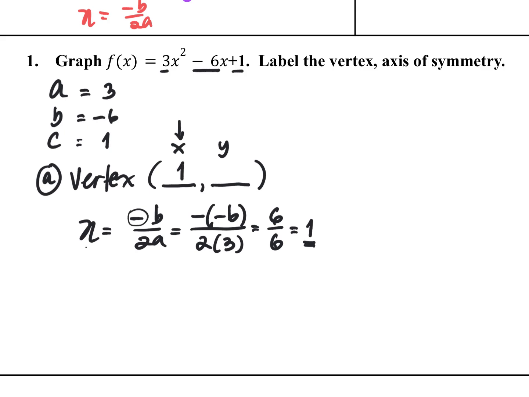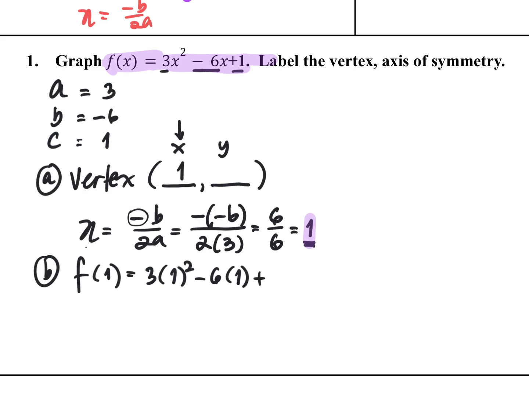So to find the y-coordinate of our vertex, we're going to use the same value of x, and we're going to substitute it in our function. Okay, so letter b, the second step, f of 1 is equal to 3 times 1 squared minus 6 times 1 plus 1.